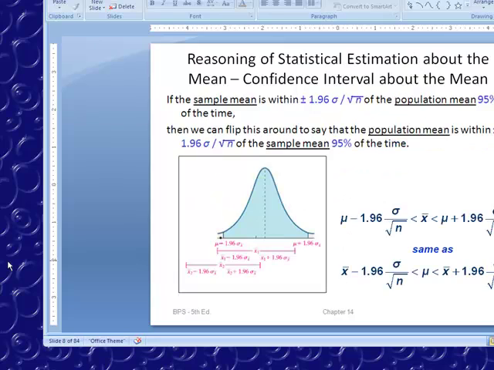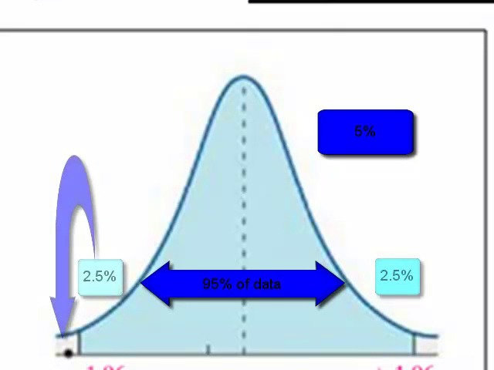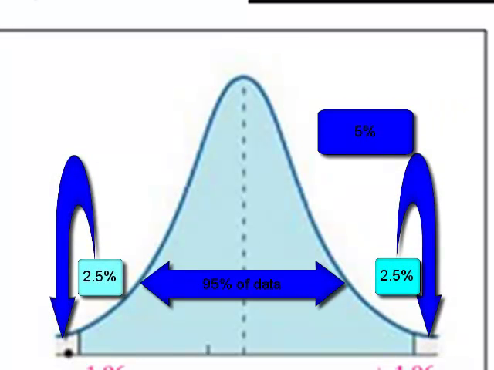So let's look at this picture. The blue area is 95%. We needed to find those Z numbers that correspond to having 95% in between. So if 95% is supposed to be in the middle, how much is left? 5%. And we have to divide that up among both sides.